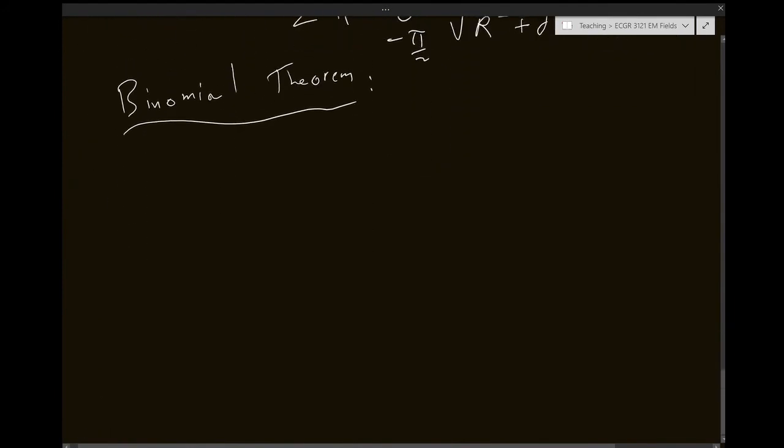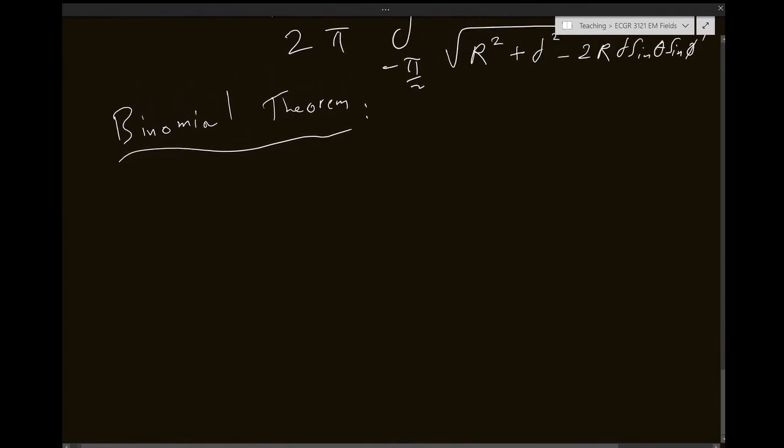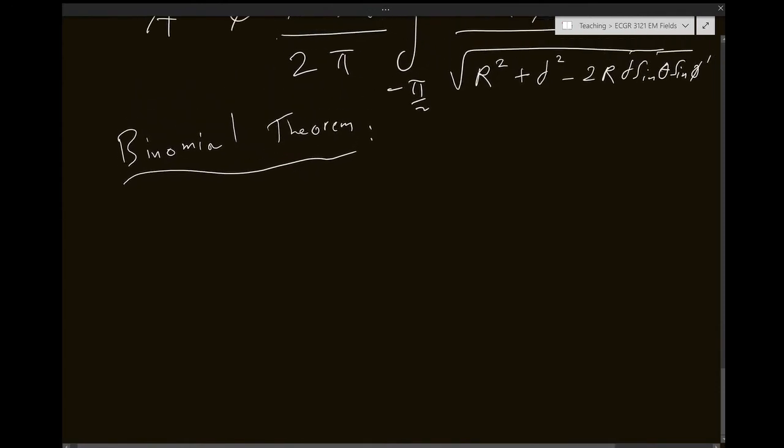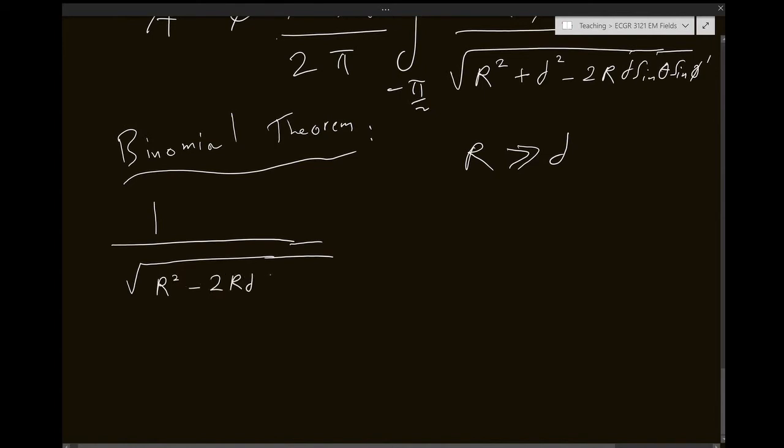So how do we apply the binomial theorem? Let's start with 1 over the square root. The first thing we said is r much larger than d, so we can drop the d squared. I end up with r squared minus 2 r d sine theta sine phi prime.